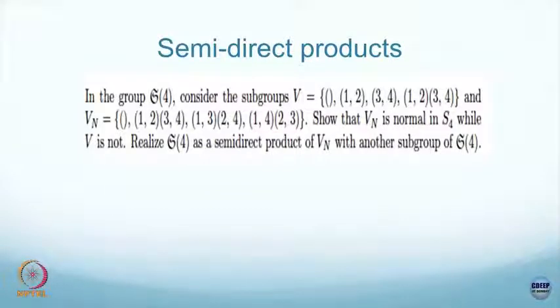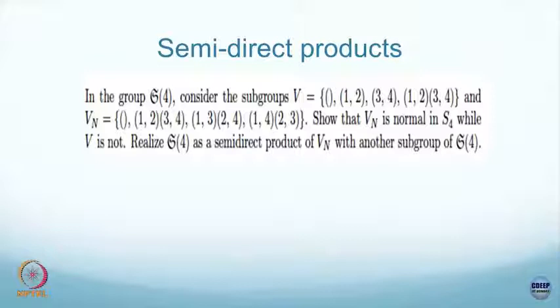But is it an invariant subgroup? If it is an invariant subgroup, what do we have to show? If you take the 1-2 element and a G and a G inverse, what should you get? It has to be some element from the set, okay. Let me call that element some element H, which is an element of V, for all G which is an element of the symmetric group of degree 4.